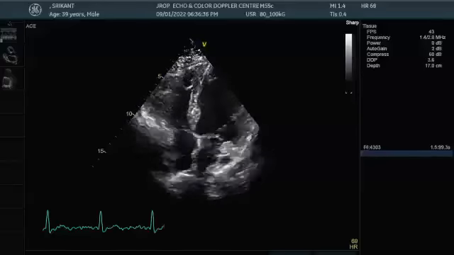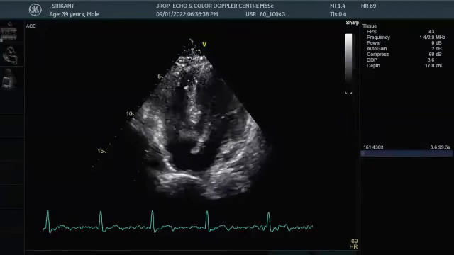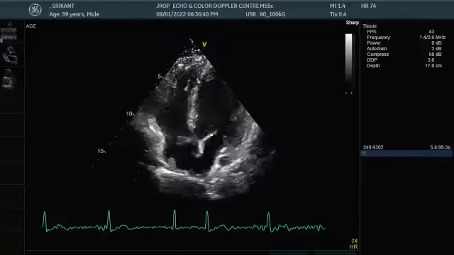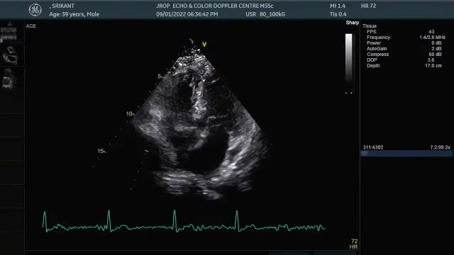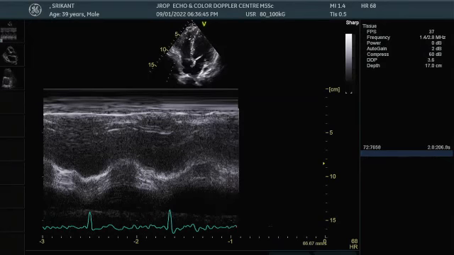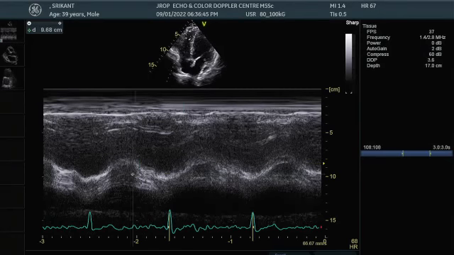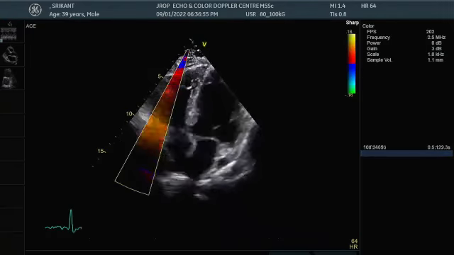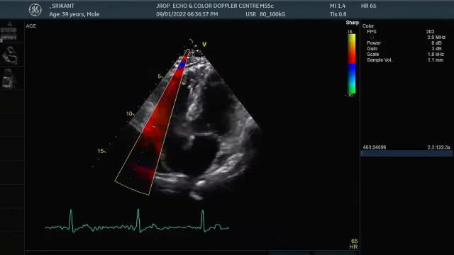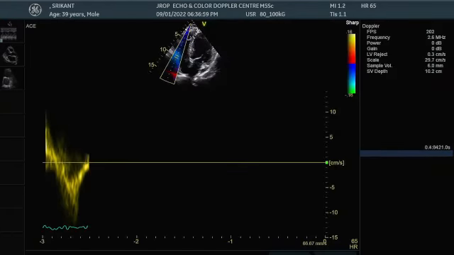At the same time, I need to look at my TAPSE. So what I'm going to do is, I go to tricuspid annulus, do an M mode, and now I'm getting M mode. This is tricuspid annular plane systolic excursion. At the same place, I can get my tissue velocity imaging for RV free wall.